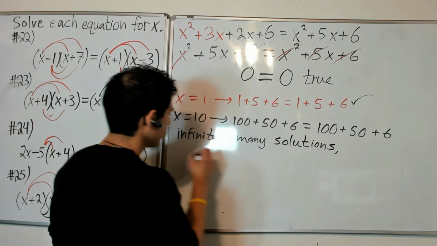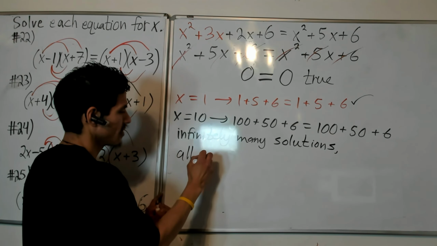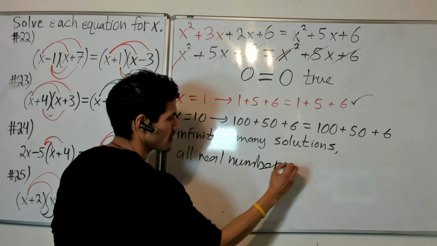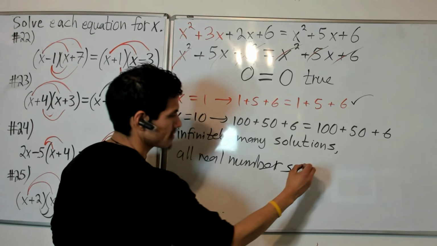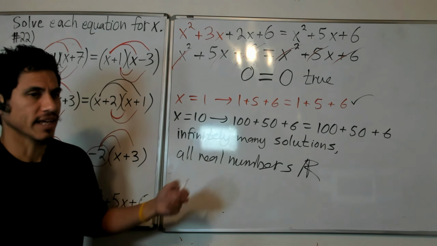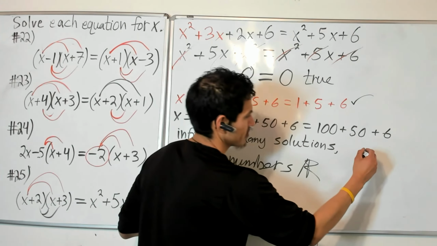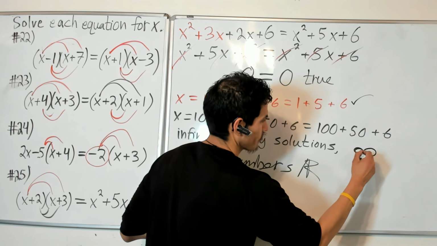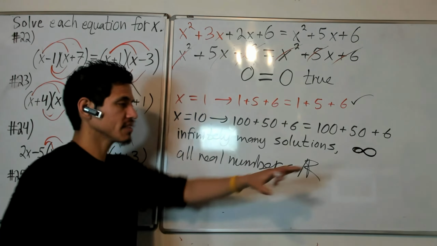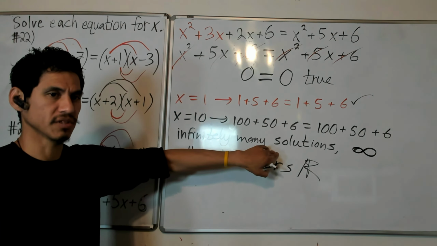Or you can say all real numbers, and you may see this symbol for all real numbers. It's going to look like this. Don't write, some students in their elementary days, they'll write the infinity symbol. This is not the same as saying infinitely many solutions.